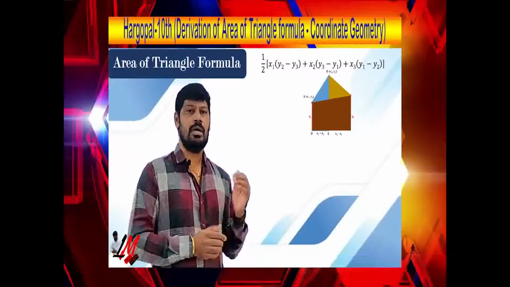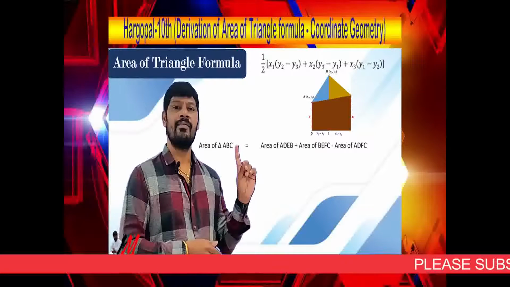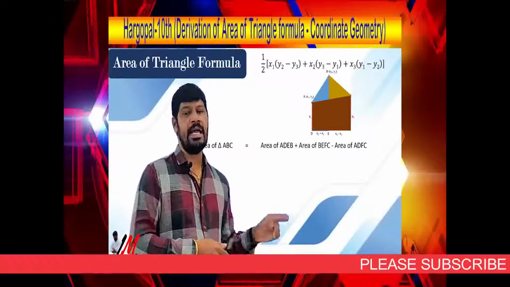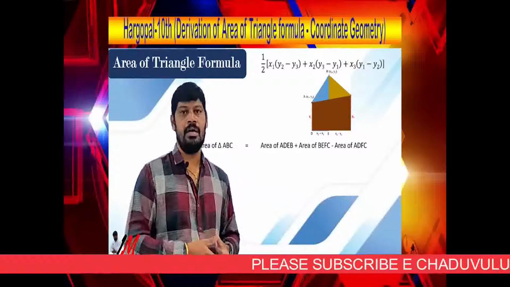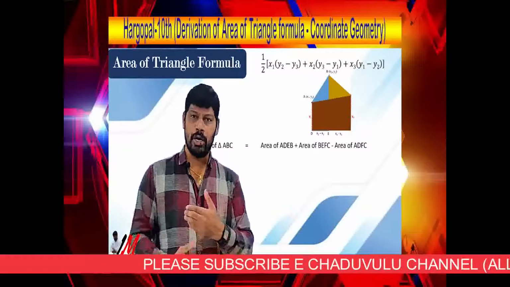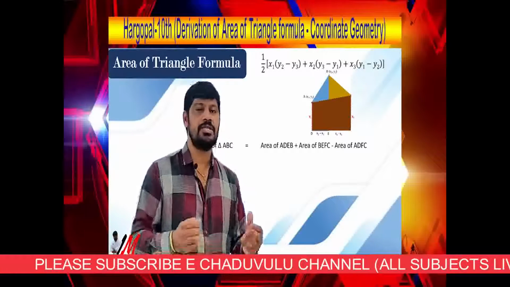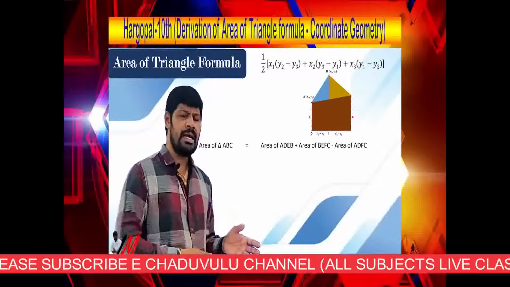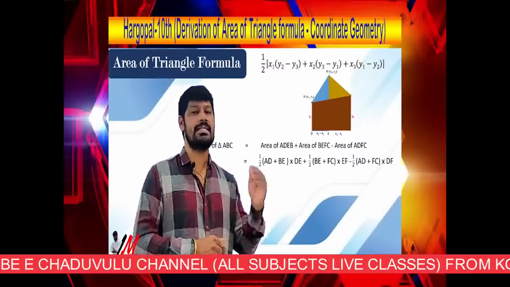Now clearly I'm writing: area of ABC is equal to area of ADEB plus area of BEFC minus area of ADFC. Now what will be the formula for area of trapezium? As already mentioned, the area of a trapezium is equal to half into sum of parallel sides into height. For the first trapezium, what will be the parallel sides?